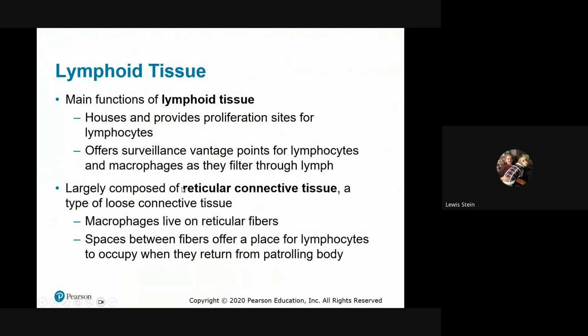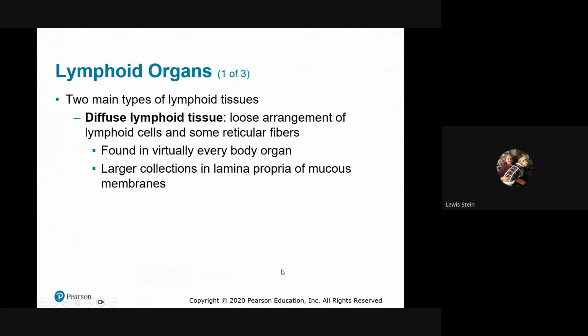This is the other kind of soft tissue. We looked at areolar, we looked at adipose. The third one, if you go back and look at that chapter, was reticular. This is where you find it, inside lymphatic organs like the thymus, like the spleen. So they live on those fibers, and the spaces are where they're sort of on patrol. It's a good way to describe it.